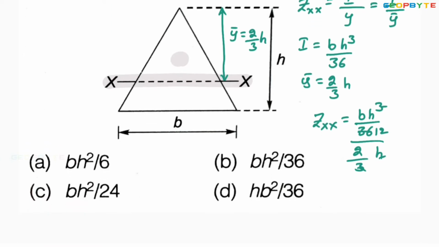Finally, the section modulus about xx axis equals bh square by 24. So this is the section modulus for the given triangle about xx axis. Look at option C, bh square by 24. I hope you got my point. Option C is absolutely correct. Okay? Let us take one more problem.